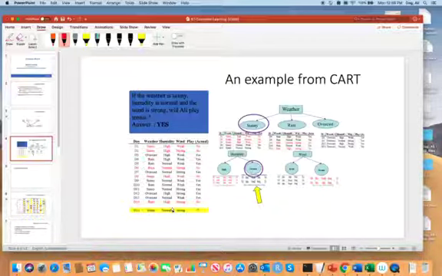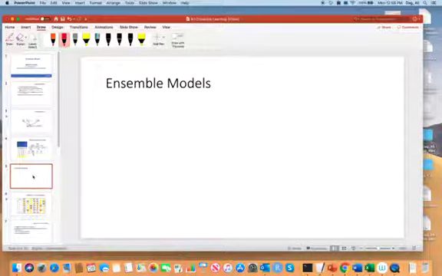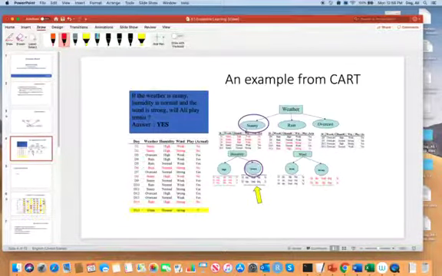Now let's go to the second example, the next slide. Let me use my pen here. Basically, based on our CRT model, the decision is: if the weather is sunny and the humidity is normal and the wind is strong, I apply my rule.